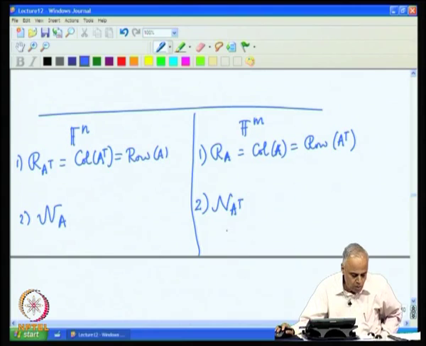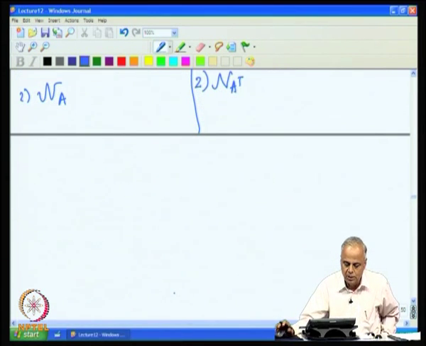Thus, we have 4 important subspaces associated with a matrix.